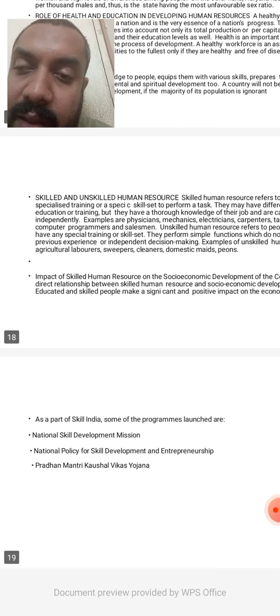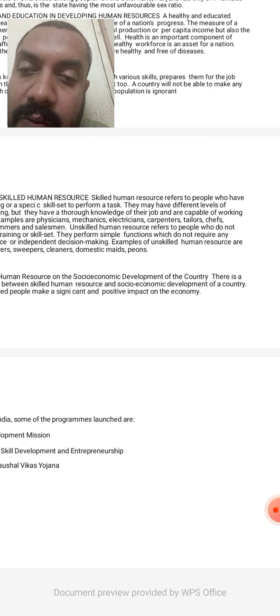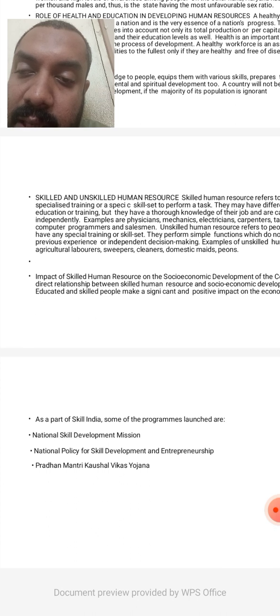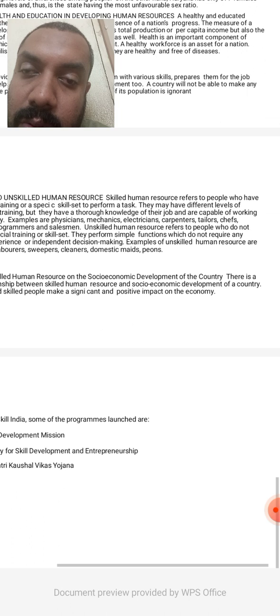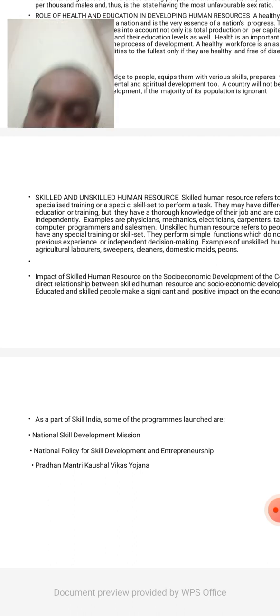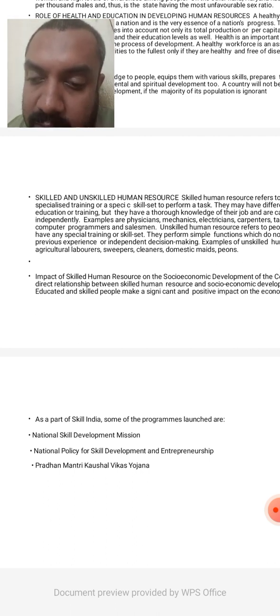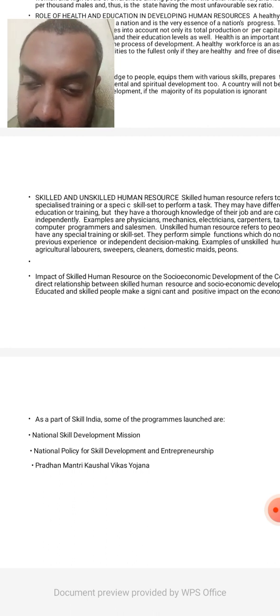Impact of skilled human resource on the socio-economic development of the country: there is a direct relationship between skilled human resource and socio-economic development of a country. As a part of Skill India, some of the programs which are launched are the National Skill Development Mission, National Policy for Skill Development and Entrepreneurship, and the Pradhan Mantri Kaushal Vikas Yojana.